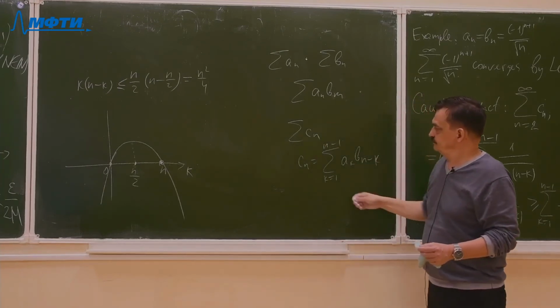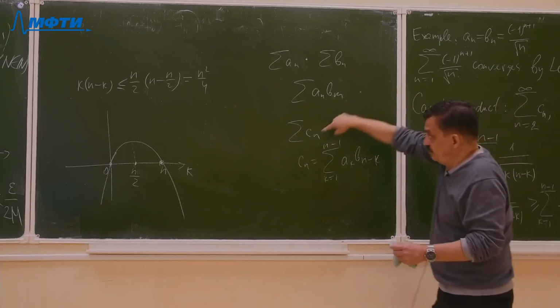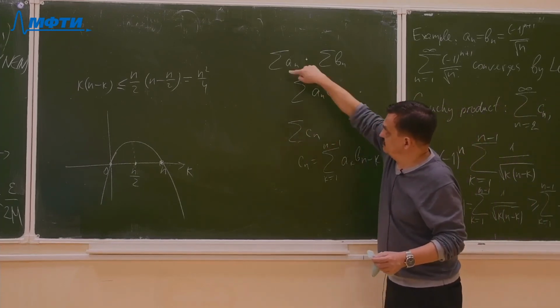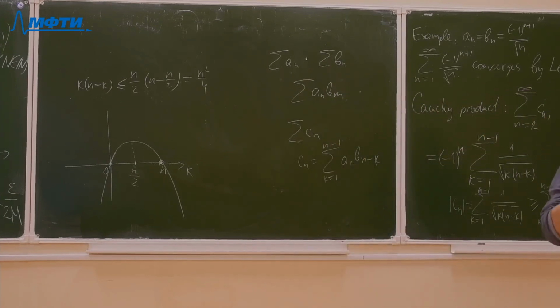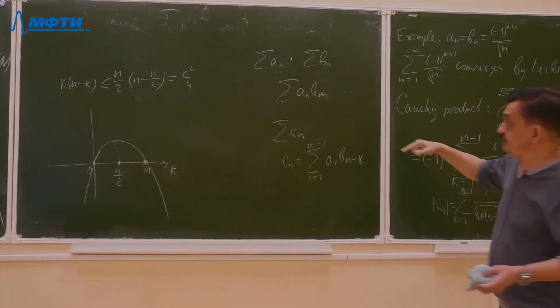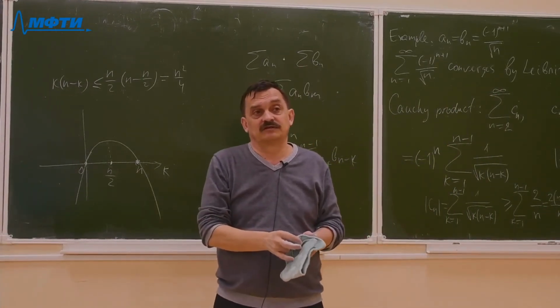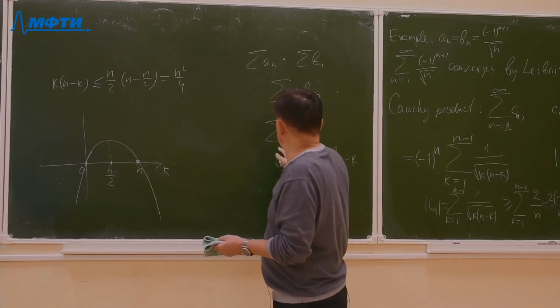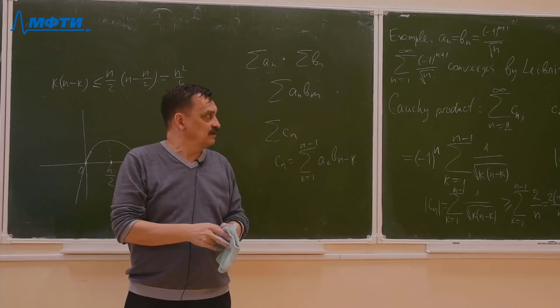Then the Cauchy product converges, and the sum equals the product of those sums. But if both series converge conditionally, then even the Cauchy product may be divergent.